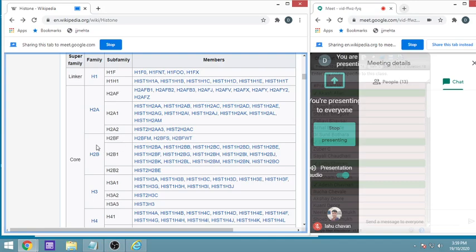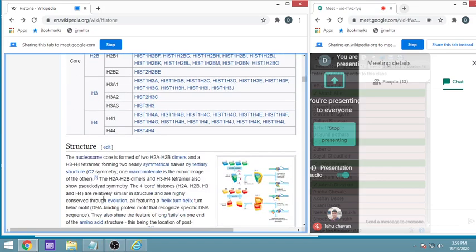In H2B you will find F, A1, A2, B1, B2. In H3, A1, A2, A3. In H4 you will find H41 and H44. So these are different subfamilies, and they have so many structures, and these structures are responsible for different kinds of functional activities.